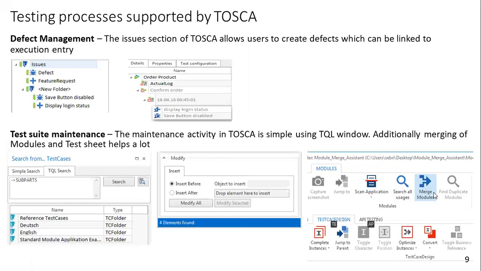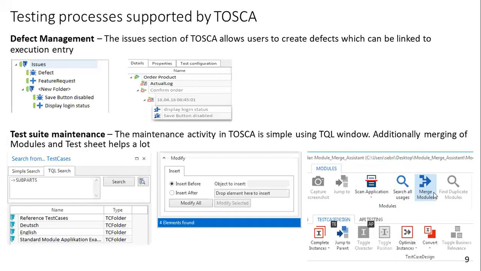Now, a real-time scenario: what happens? You are working on a particular page. Your friend is also working on the same page. To identify test objects, he created one module, and you also created one more module. So you have created a duplicate module for the same page, in two different places.